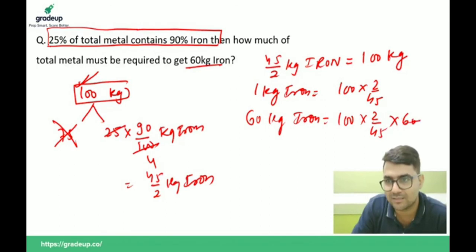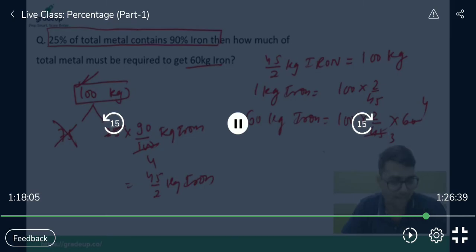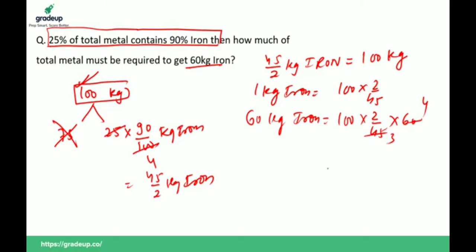This is 4, this is 3. So I can write this as 800 by 3 kg metal. This is the right answer.